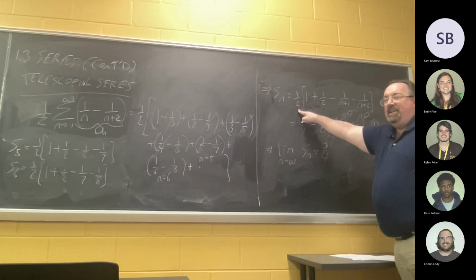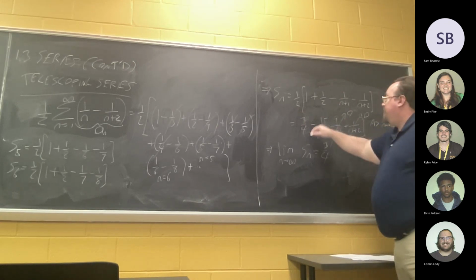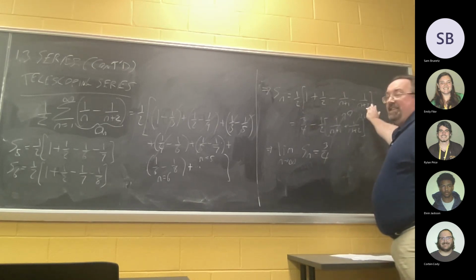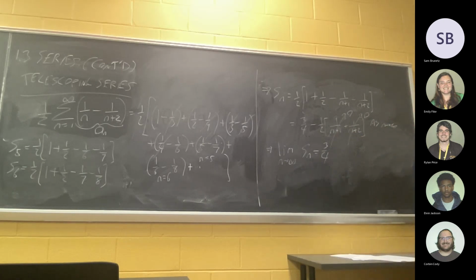Times 1/2 is 3/4. And then I still have a 1/2 multiplying all this, so I put that down here. Yes, I want to separate what doesn't depend on n from what does depend on n, to understand the behavior as n goes to infinity. Other questions?